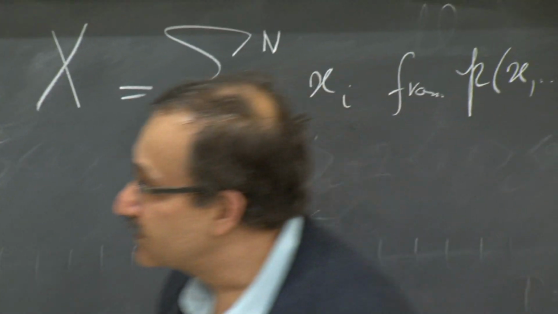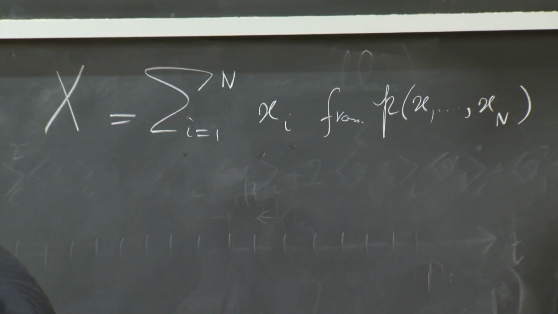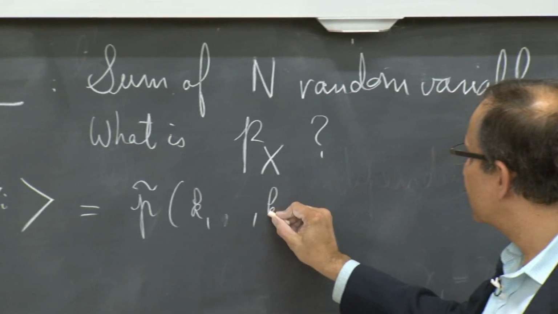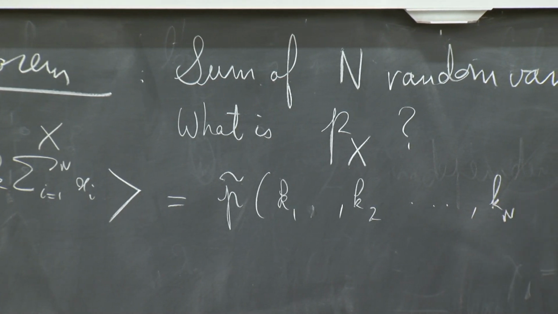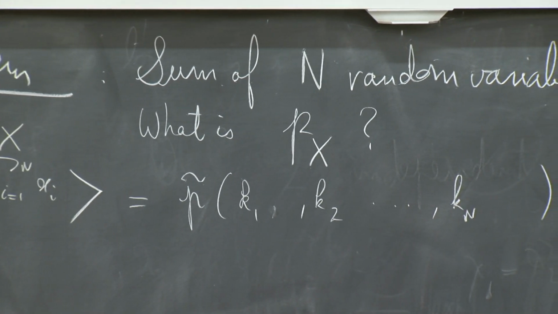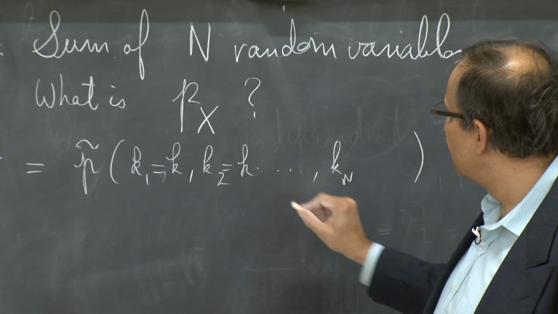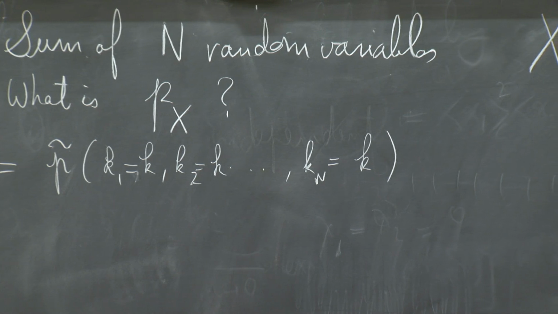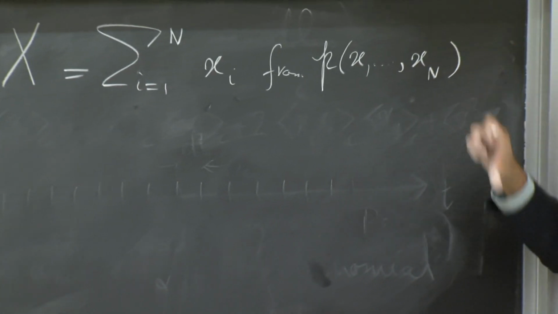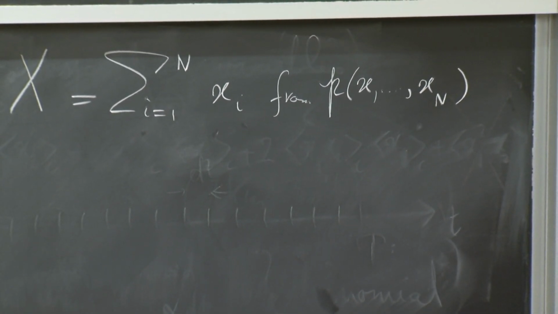So what this is: you take the joint characteristic function, which depends on k1, k2, all the way to kn, and you set all of them to be the same. So take the joint characteristic function that depends on n Fourier variables, put all of them the same k, and you have the characteristic function for the sum.